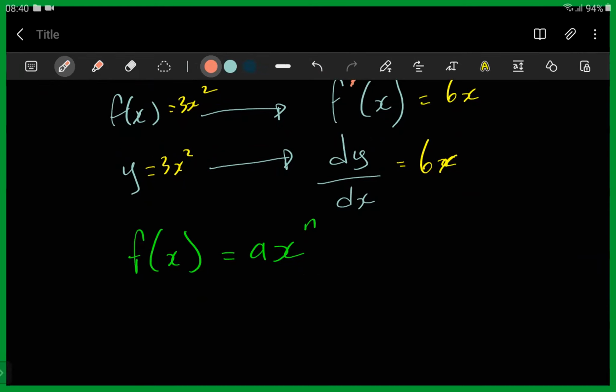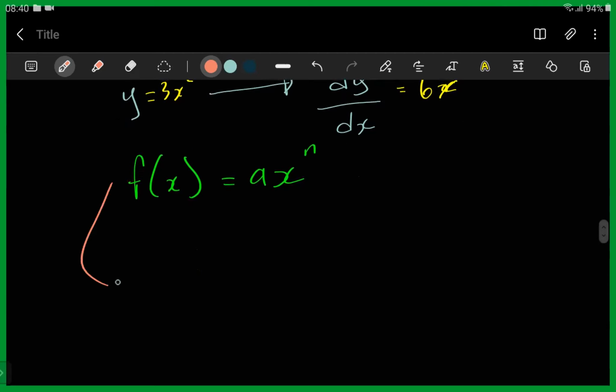To go from a standard equation to a differentiated equation, all you do is the following. To go from this to f prime, all that happens is you multiply the exponent with the coefficient, and then you remove 1 from the exponent.